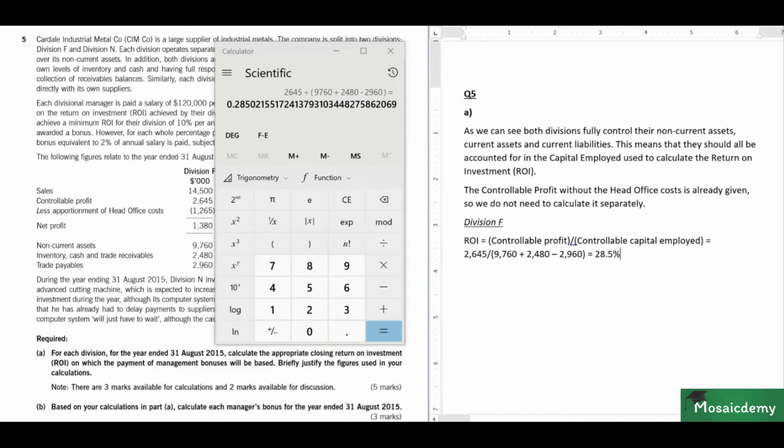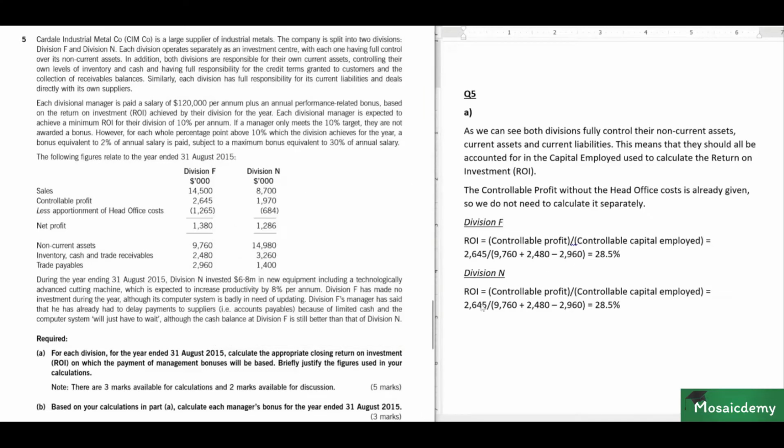Okay, so yeah, the numbers are fine. So that's division F. And the good thing is, because we have this format, we can simply copy and paste this in the computer-based exam to amend it slightly for division N. So now what will our profit be? Controllable profit is 1970, and non-current assets is 14980, 3260 minus 1400.